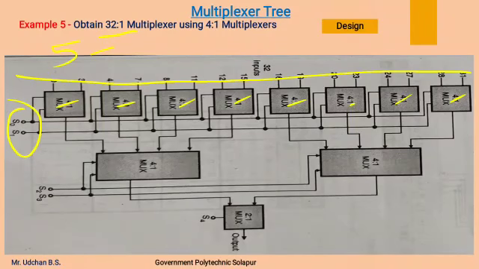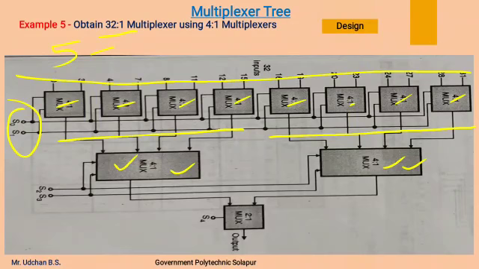Now as we are going to use only 4:1 multiplexers, again 2 4:1 multiplexers are used over here. The outputs of the first 4 multiplexers are connected as inputs to this 4:1 multiplexer, and the next 4 outputs of these 4 multiplexers are connected as the 4 inputs of this second multiplexer.